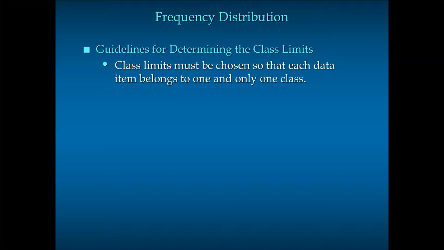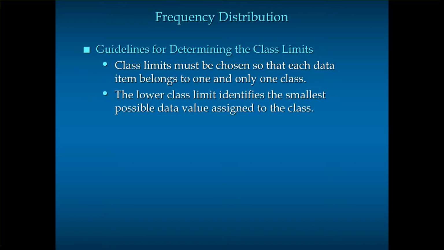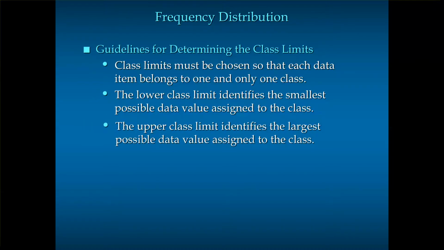How can you find the class limits? Class limits must be chosen so that each data item belongs to one and only one class. The lower class limit identifies the smallest possible data value assigned to the class. The upper class limit identifies the largest possible data value assigned to that class.